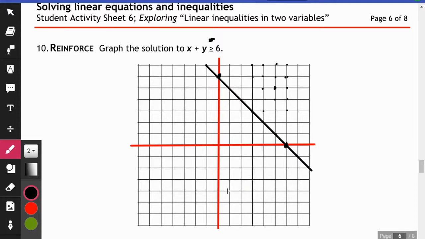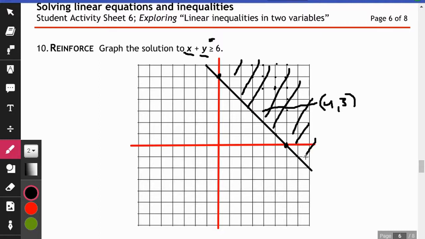Anything above the line adds to make more. The x and the y in that point, like this point right here, is the point 4, 3. 4 plus 3 makes 7. That's more than 6. So everything up here works. Everything up here will add to make more than 6. All of the x, y combinations.